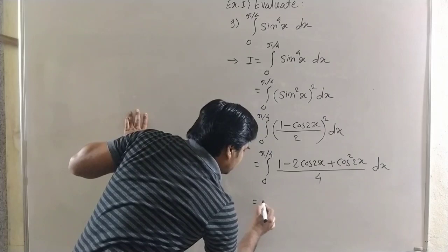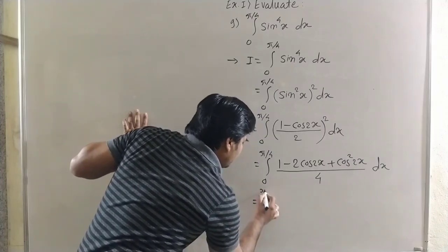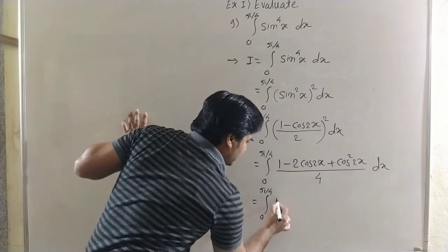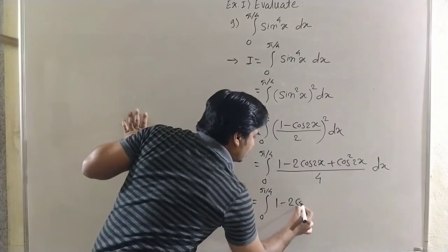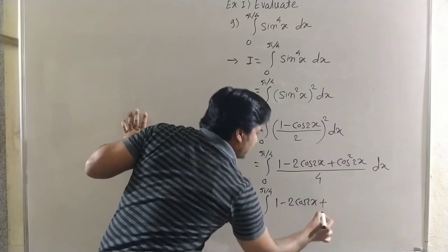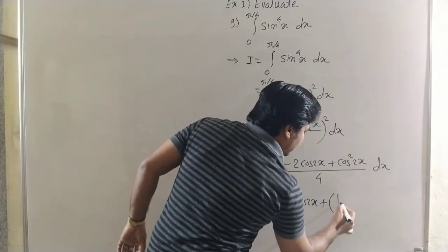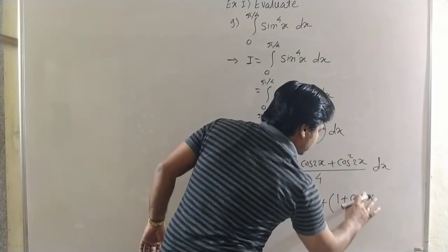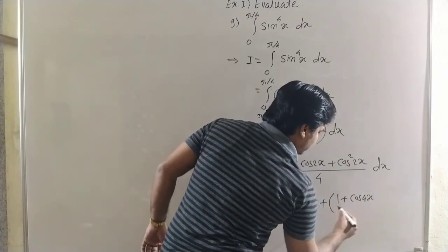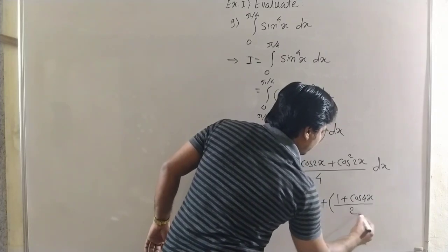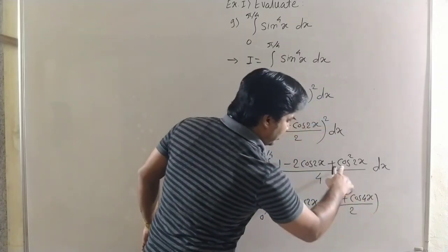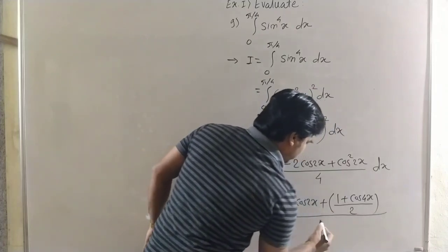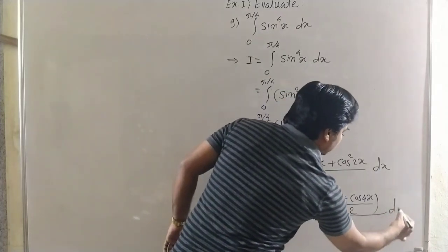Then the integral from 0 to pi by 4, see carefully, of 1 minus 2 cos 2x plus 1 plus cos 4x upon 2, which is cos square 2x, and whole upon 4, dx.